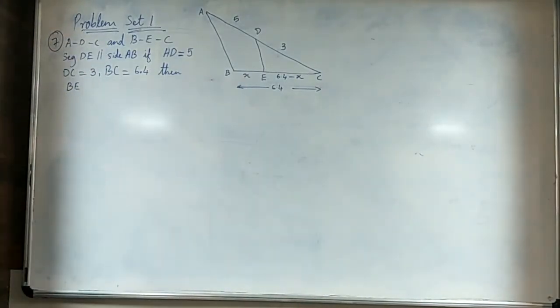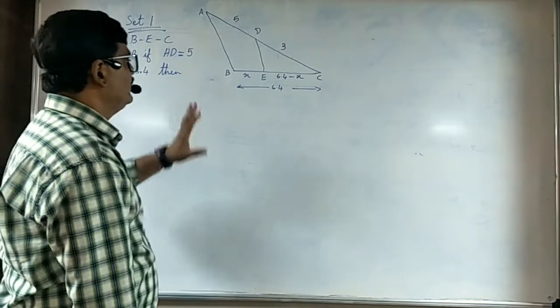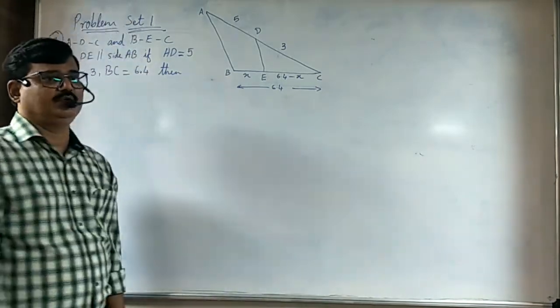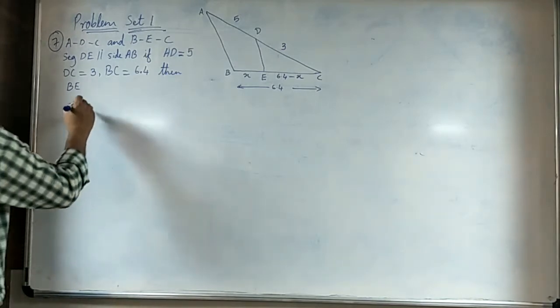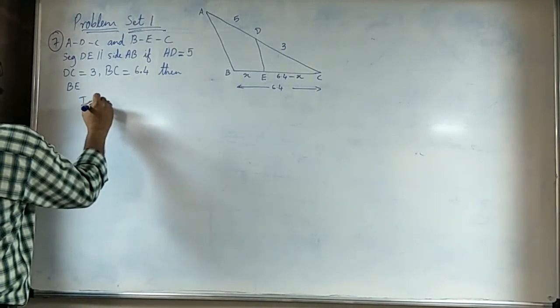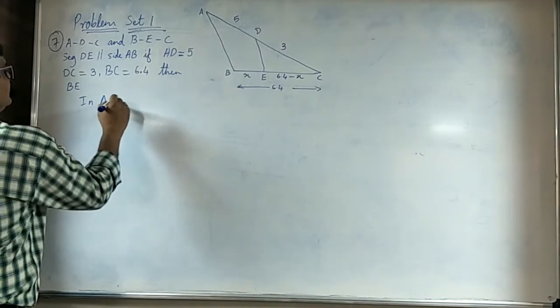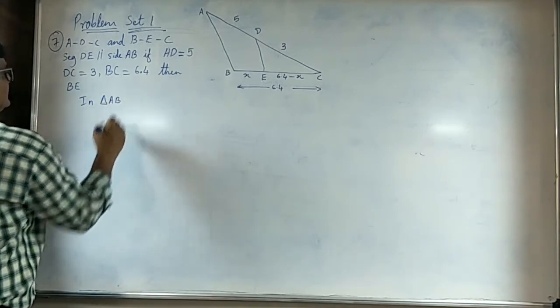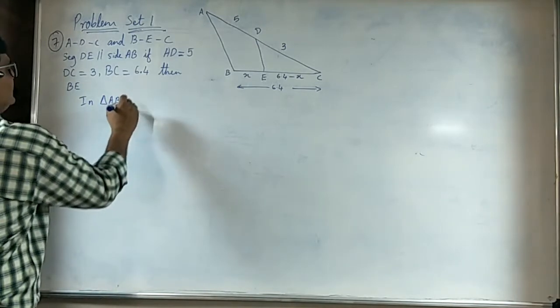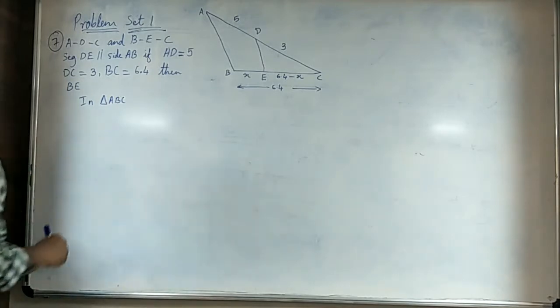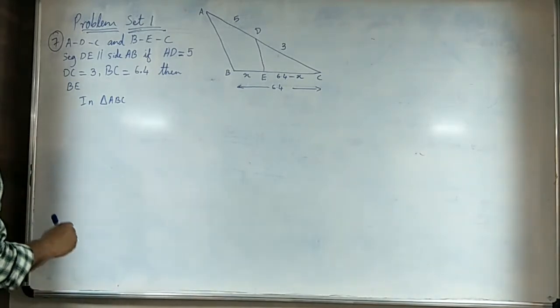I have already done this for you, and it is there in the diagram in your textbook also. First, I have a triangle ABC.